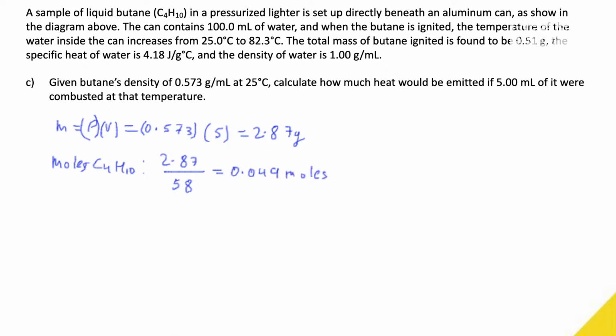Okay, so now I know what the heat out would be because I just calculated that in the previous part. So heat would be 0.049 times my number, which is 2700, and this is of course kilojoules per mole.